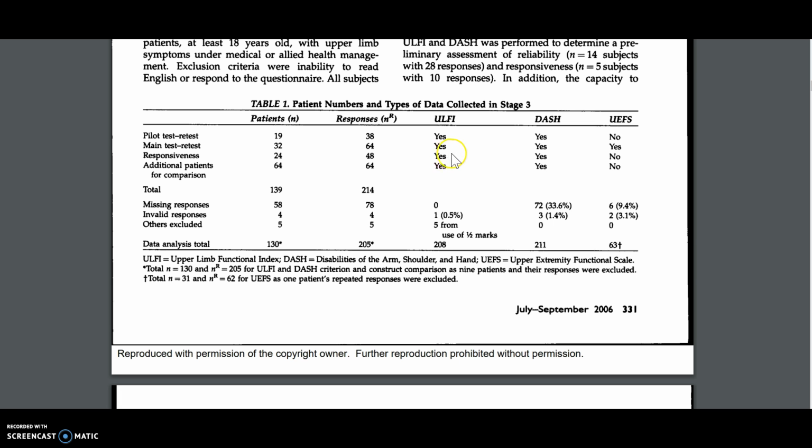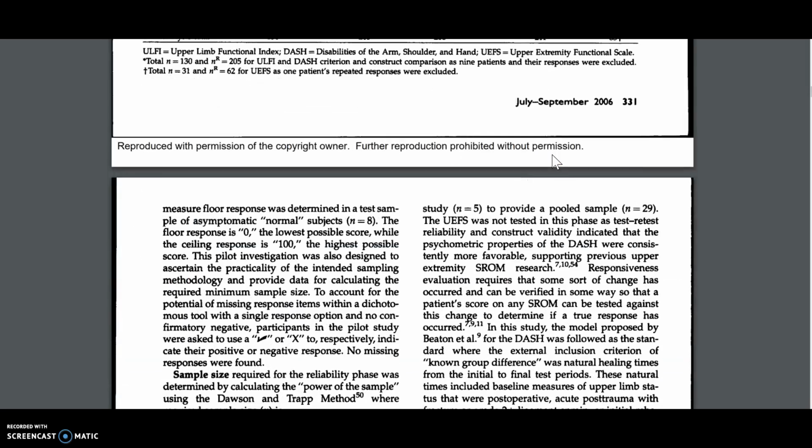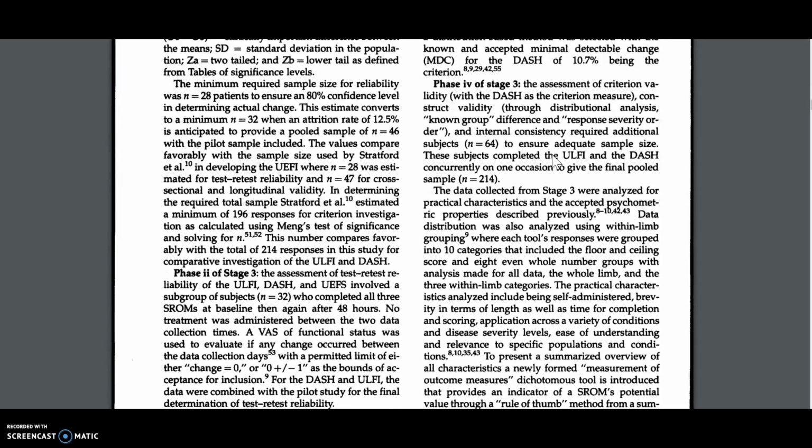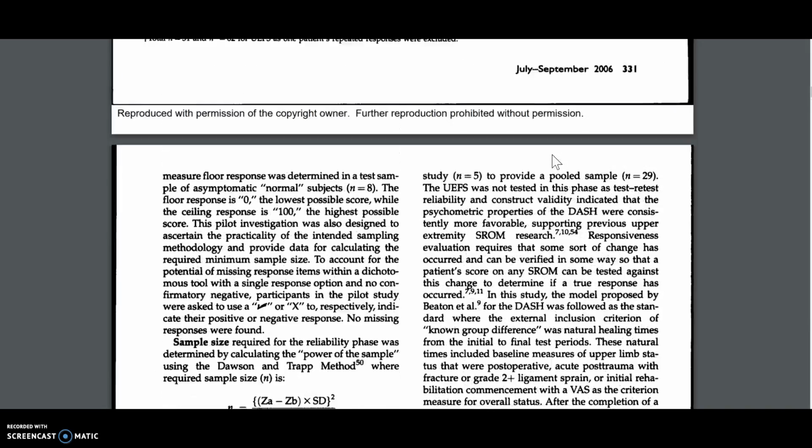In the main study, they did test-retest for all three: the ULFI, the DASH, and the UEFS. For responsiveness, they were only able to test it for the ULFI and the DASH, due to there needing to be a change in score. Additional patients for comparison were only looked at for the ULFI and the DASH. That's a little review of Table 1.